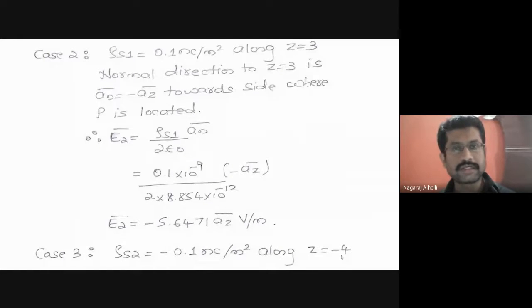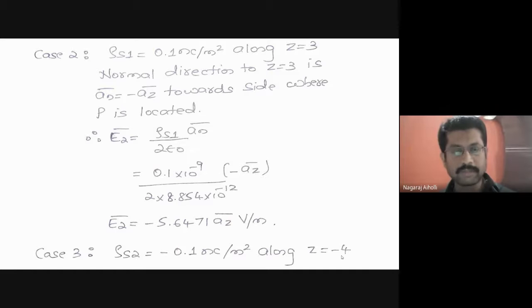Case 2 is a surface charge, rho S1, the surface charge density is 0.1 nanocoulomb per meter square along z equal to 3. Normal direction is AN equal to minus AZ bar, towards the side where P is located. Therefore we are getting E2 is equal to minus 5.6471 AZ bar volt per meter.